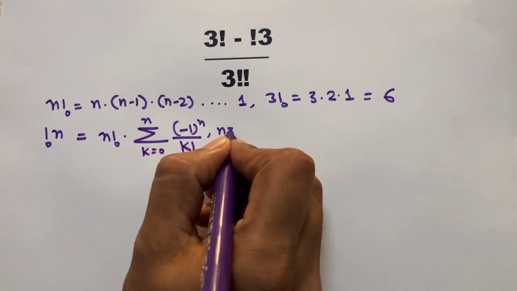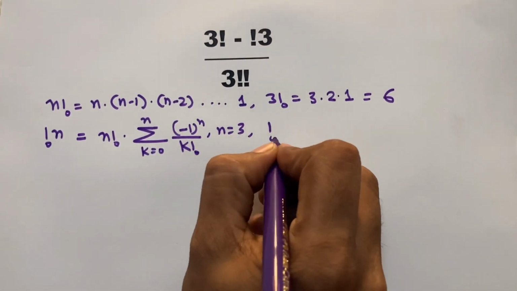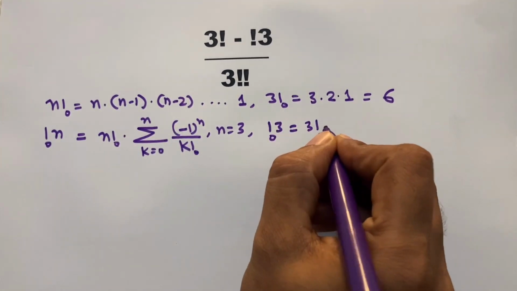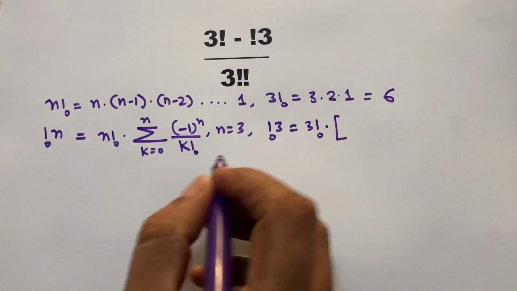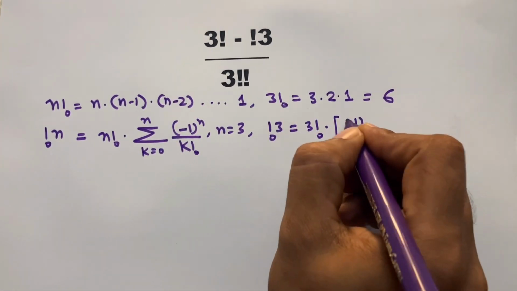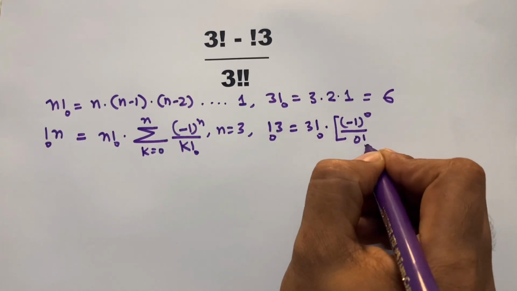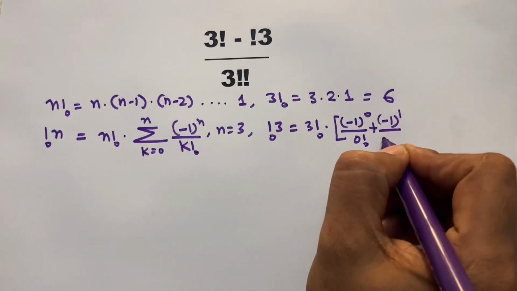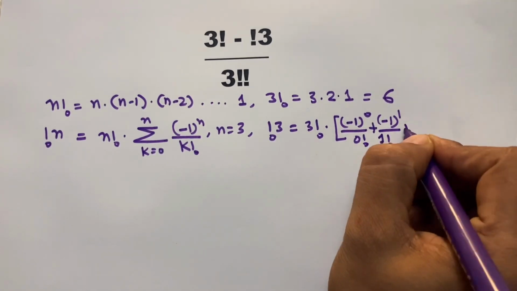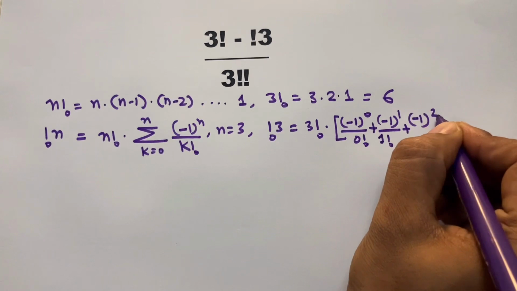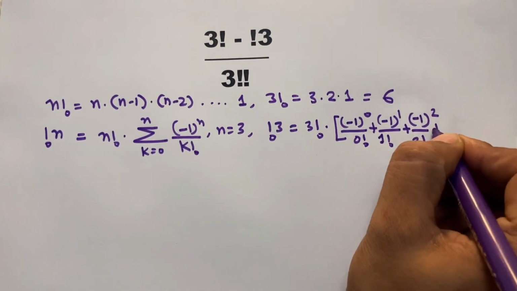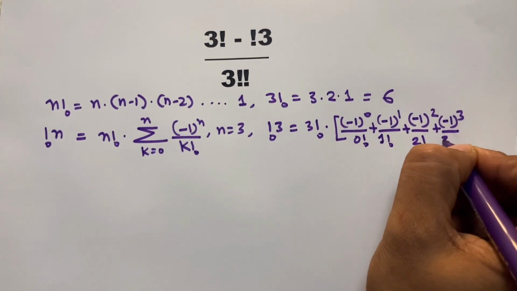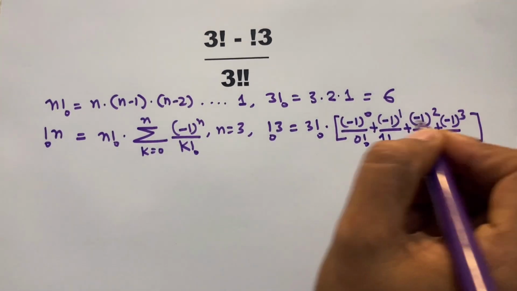Here n equals 3, therefore subfactorial of 3 equals 3 factorial multiplied by the bracket: minus 1 to the power 0 divided by 0 factorial, plus minus 1 to the power 1 divided by 1 factorial, plus minus 1 to the power 2 divided by 2 factorial, plus minus 1 to the power 3 divided by 3 factorial, bracket close.